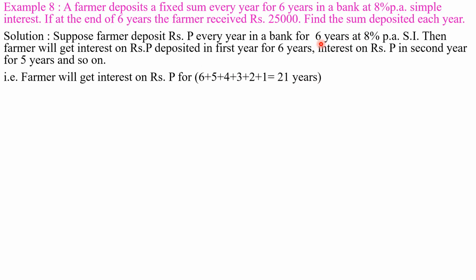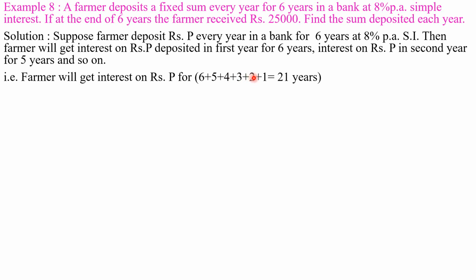Means first year he gets interest for 6 years. Second year he gets interest for 5 years. Third year he gets interest for 4 years. Next year he gets interest for 3 years.